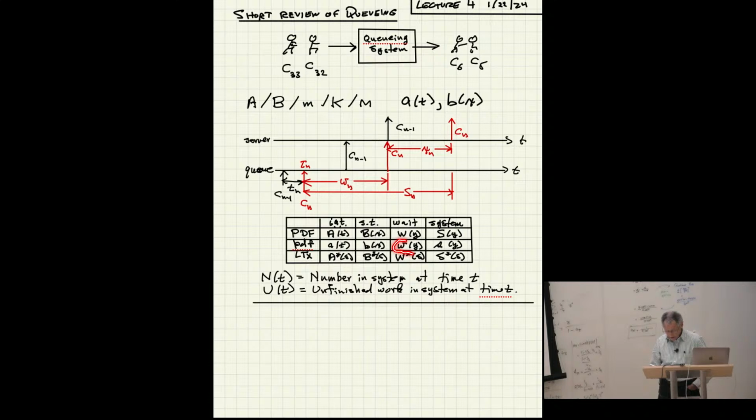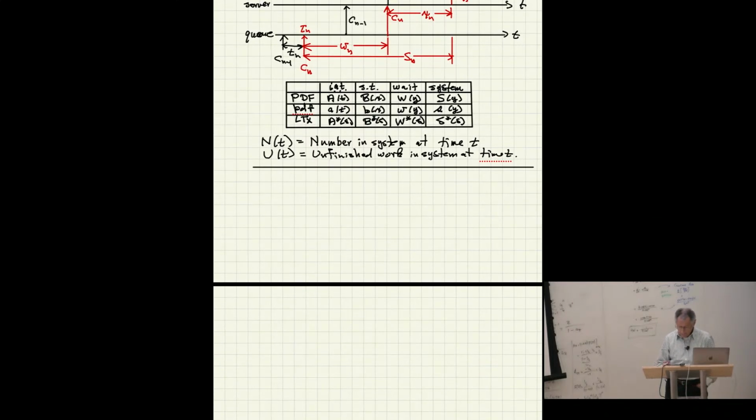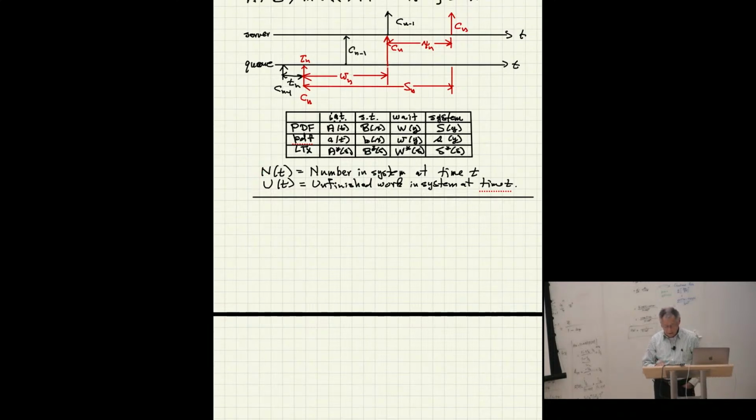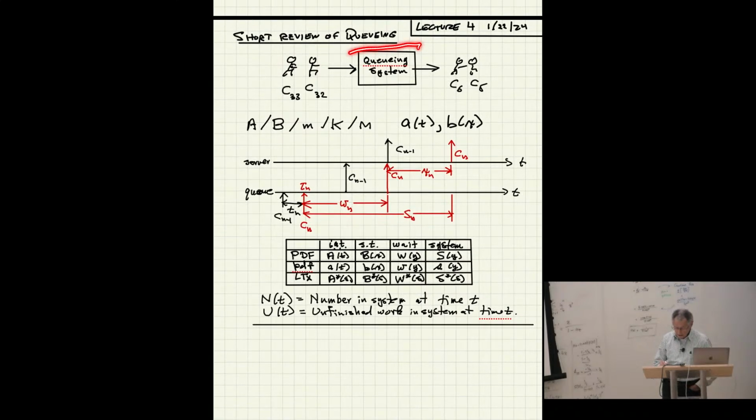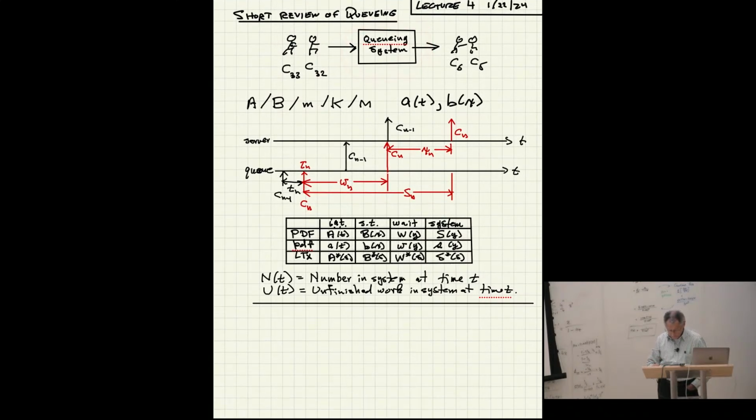So for example, this is the density of waiting time. And system time, total time in system, Q plus service, has the little letter S describing its density. And we introduced 2 other variables here. One of them was N of t, the number of customers in the system at time t. And by system, I mean the entire queuing system, Q plus server.